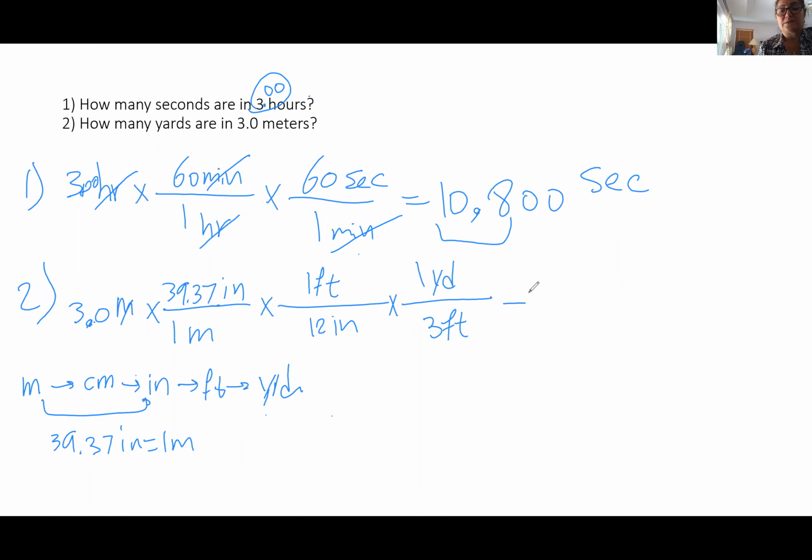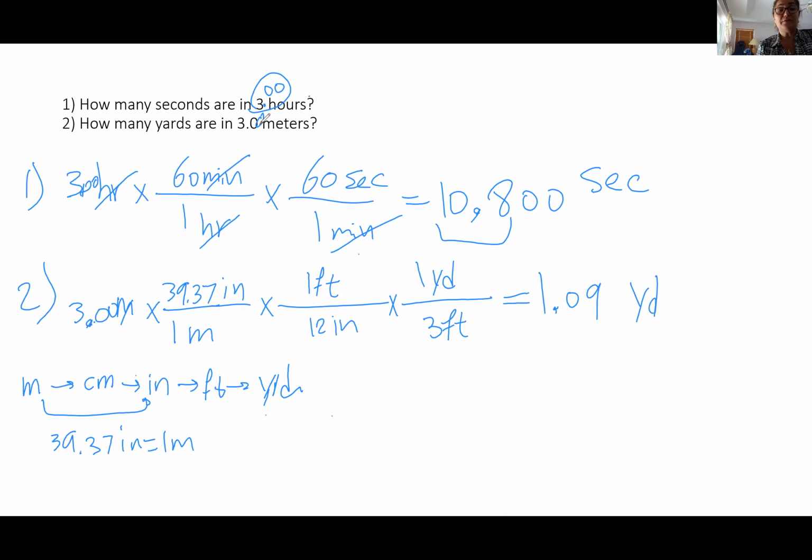The final answer is going to be 1.09 yard.